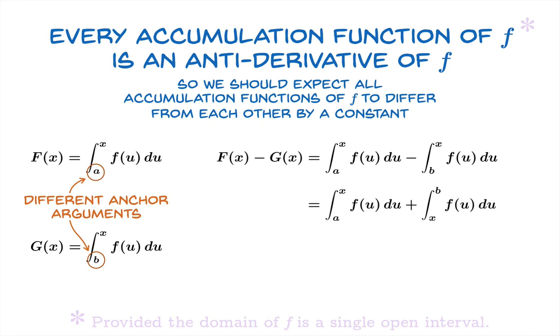And then we'll notice, we've seen this reasoning previously, so we can flip the limits of integration in the second integral using the swap law. And then we can combine, and we get the integral of the original integrand function from a to b. But a and b have been anchored. These are constants, and so this whole value is a constant. So the difference between these two different accumulation functions is just a constant, whatever this signed area is between the arguments a and b.